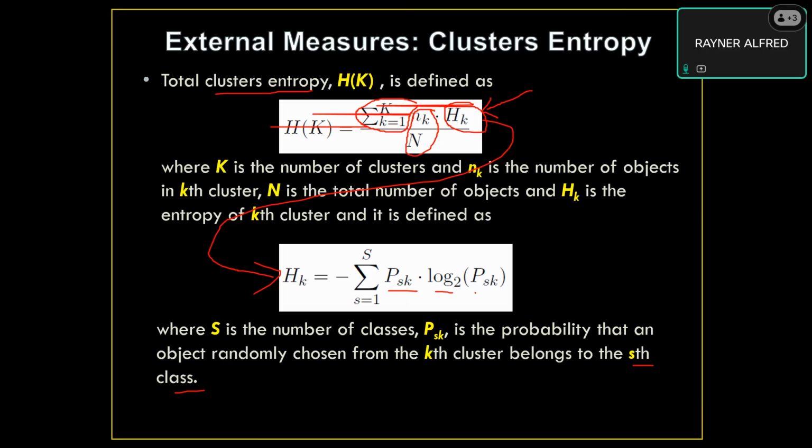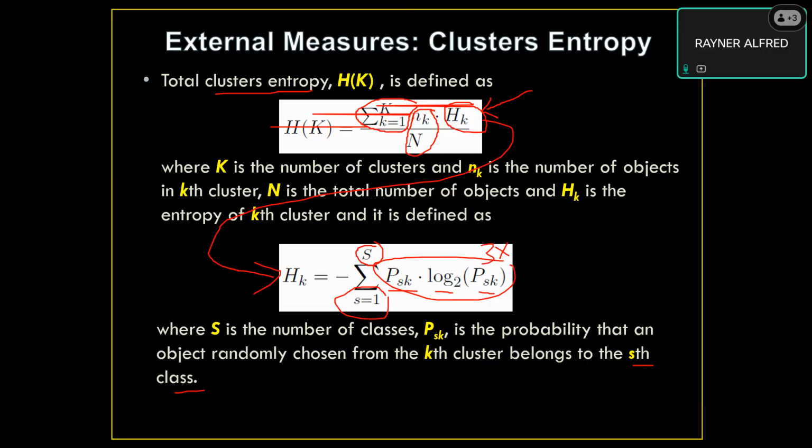Then take log base 2, and then also the probability of an object randomly chosen from cluster k. So this looks at the class labels you have in your cluster. If you have two labels, that means you have two paths here. If you have three labels, that means you have three paths.